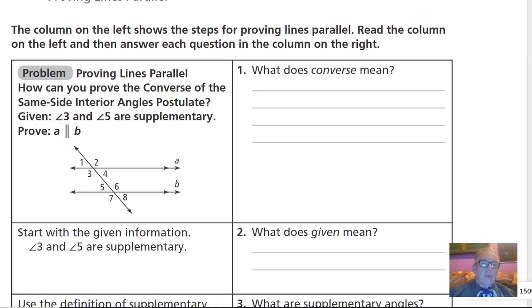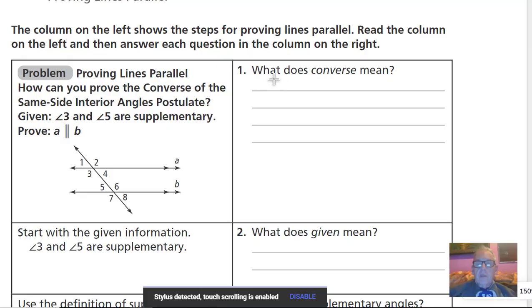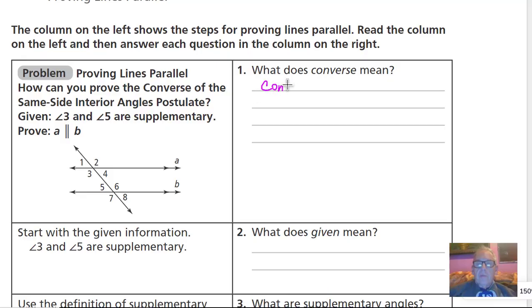So first question, what does converse mean? Converse means the conclusion and the hypothesis are interchanged.